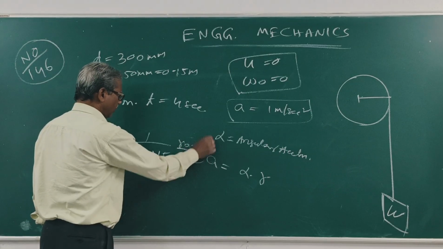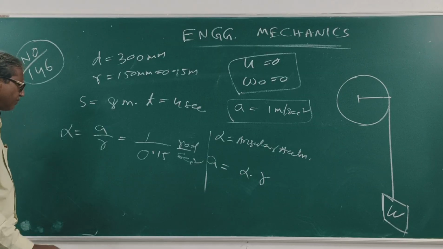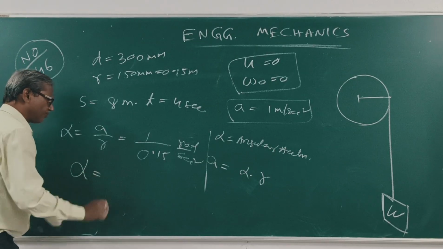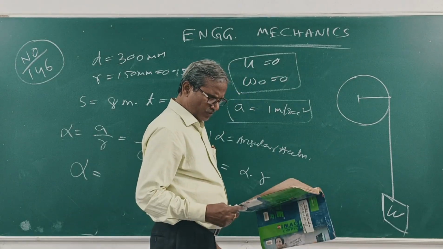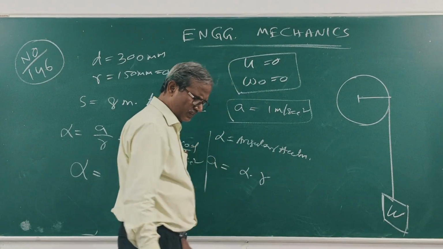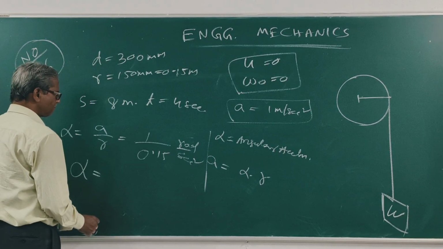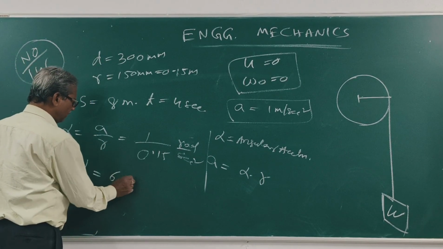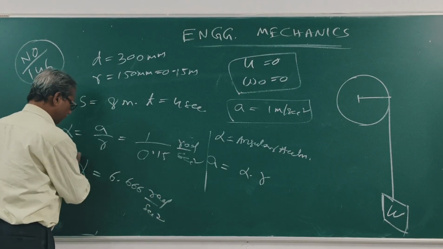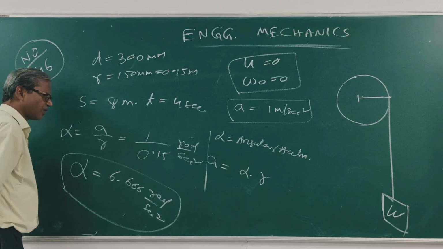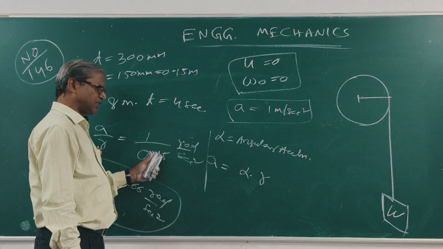This is the unit of tangential acceleration, radian per second square. So alpha is equal to 6.666 radian per second square. 100 by 15, clear? 6.666.